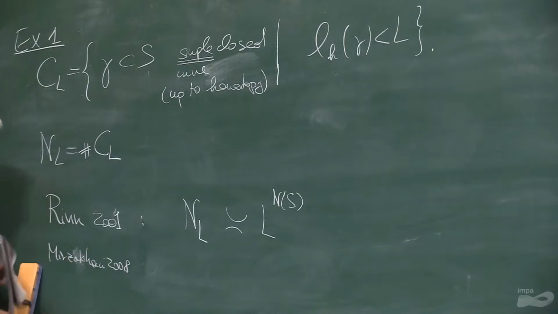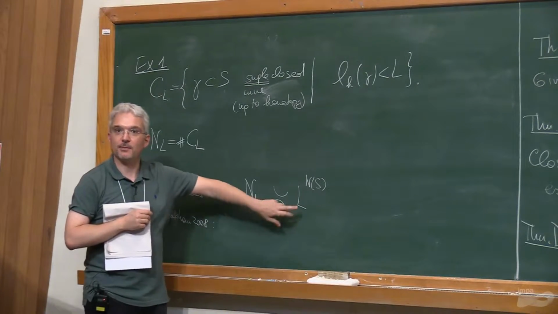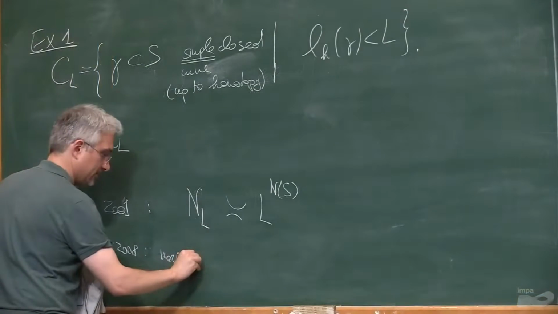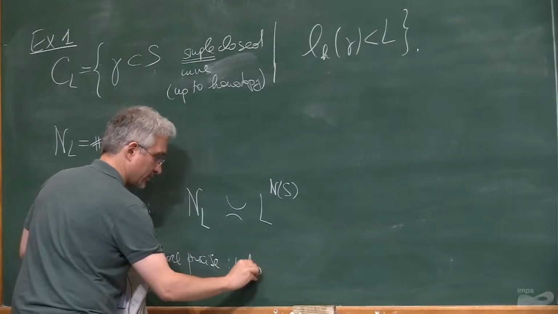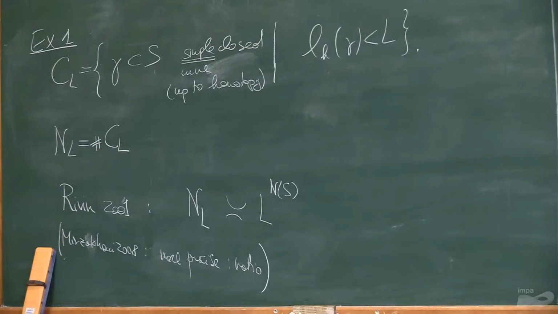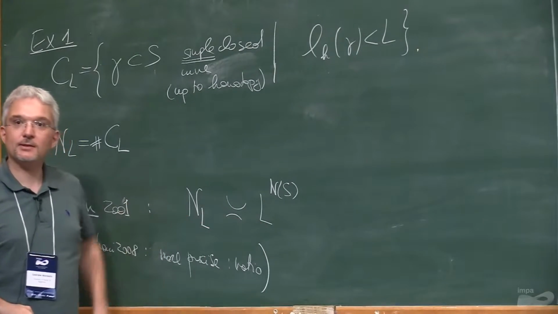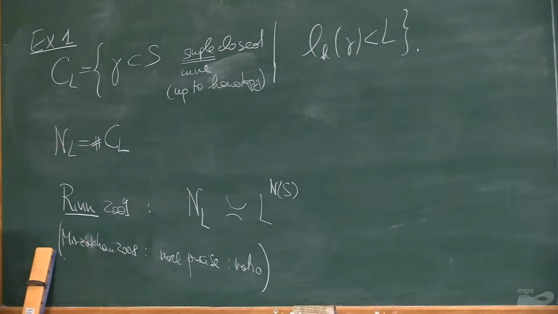So she showed really what the ratio of these two numbers is. She computed the ratio. So in this case, you have a polynomial asymptotics with this power 6g minus 6.